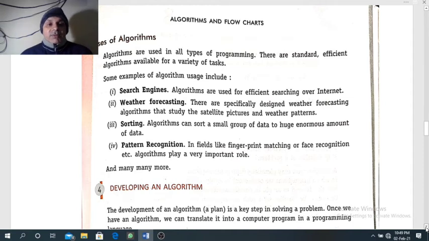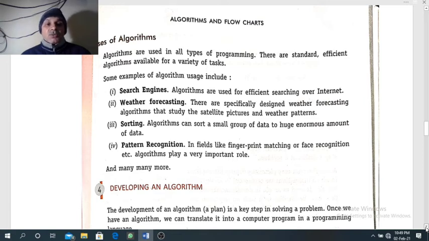Whatever we want to search, we type in the Google search box, or we can give voice command. After reading our voice command or after getting the keyword typed, Google search engine finds the best possible results that match with our query.